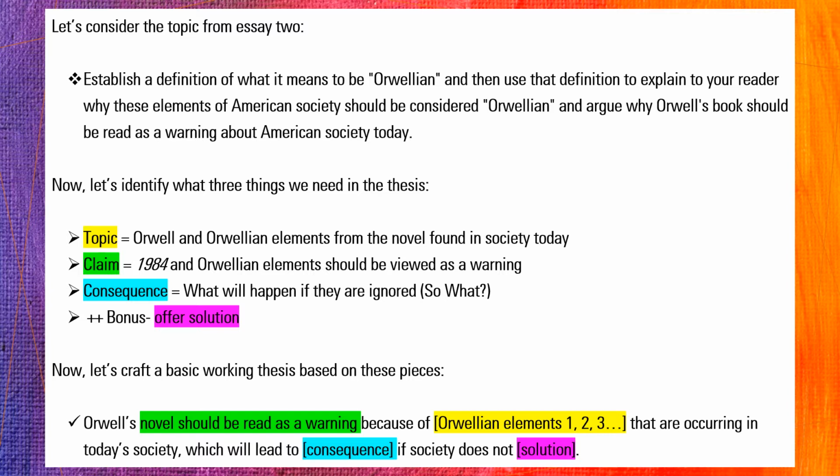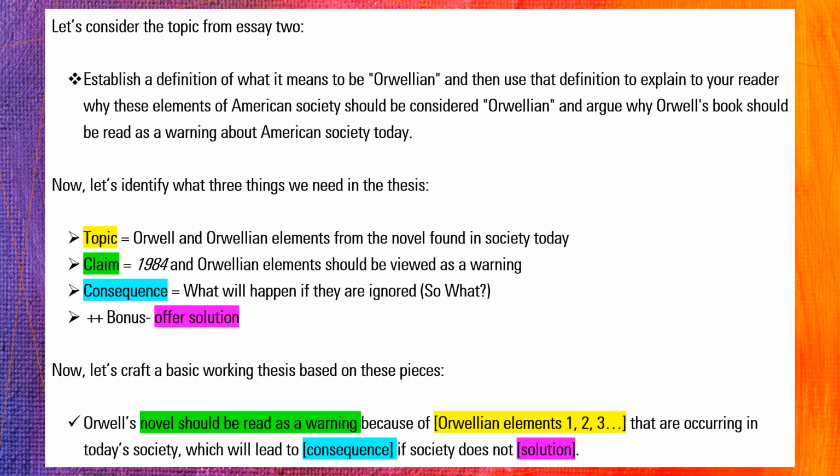The topic, which is Orwell and Orwellian elements from the novel found in society today. The claim, 1984 and Orwellian elements should be viewed as a warning. The consequences, what will happen if they are ignored? The so what. Bonus, offer a solution to these issues.